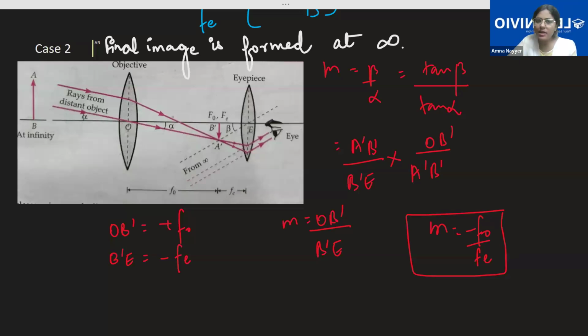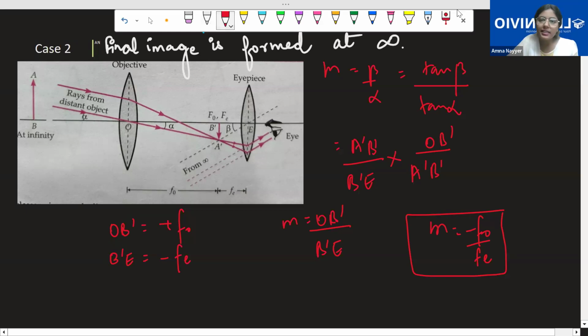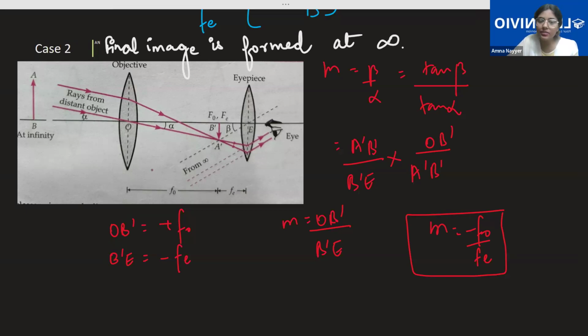So this alpha part will be exactly the same. This beta part will have a difference, that this final image V is infinity. So the object will have to be at the focus. So Uₑ will be equal to fₑ this time. This was already f₀.